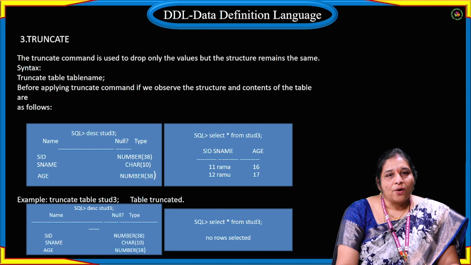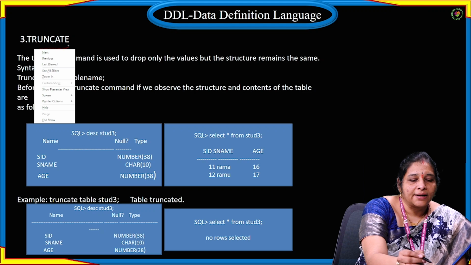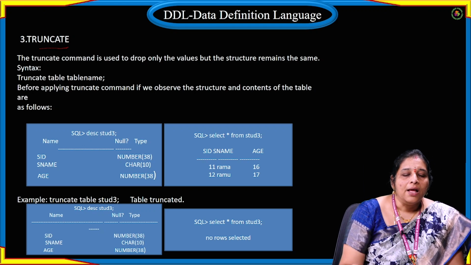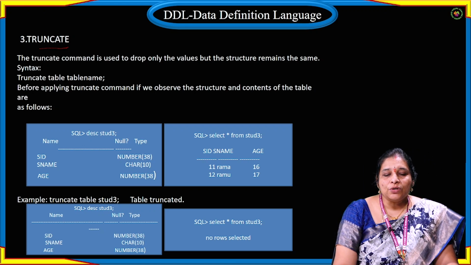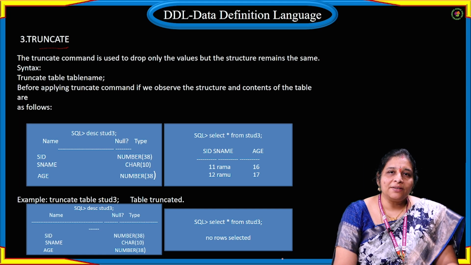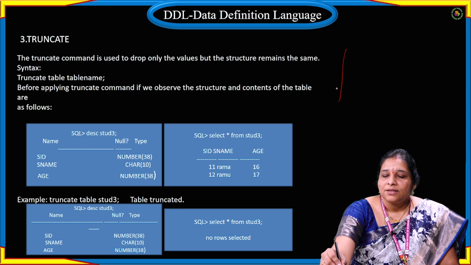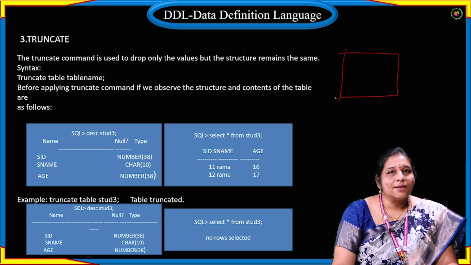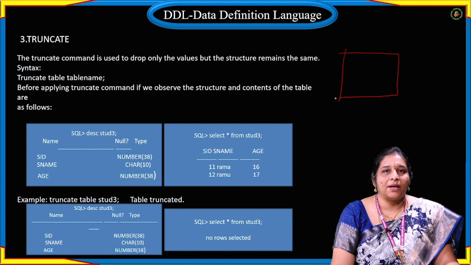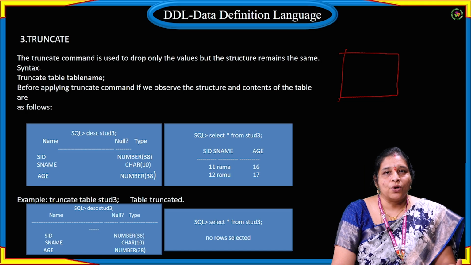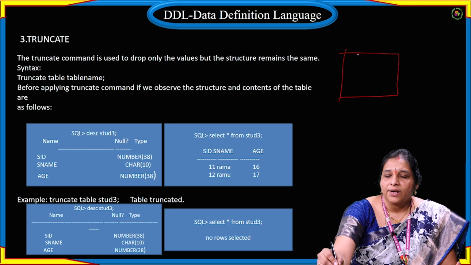Now, let's move back to our third command, named truncate. The truncate command is used to drop only the values, but the structure remains the same. Here we are not removing the structure, but we are trying to remove the values. Let's say I am a class teacher capturing attendance of students for a particular semester, monthly wise or fortnight wise.